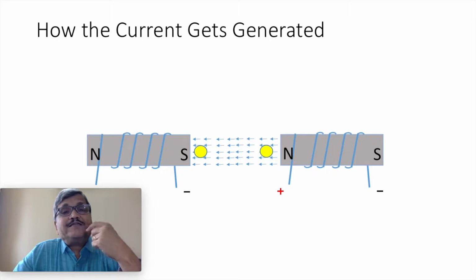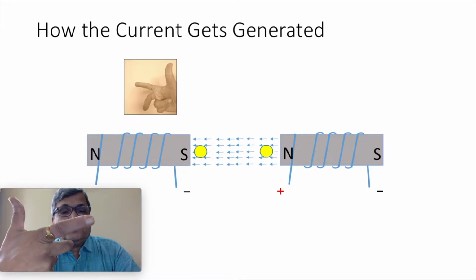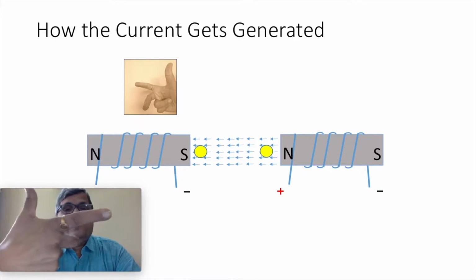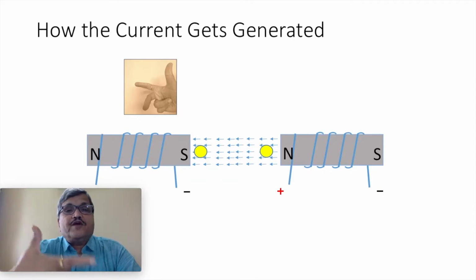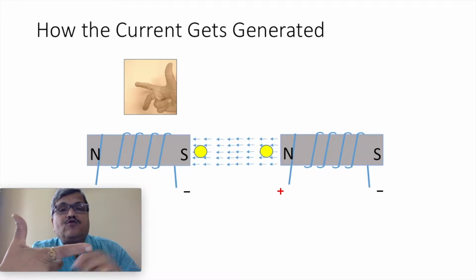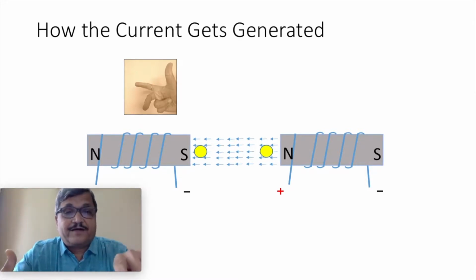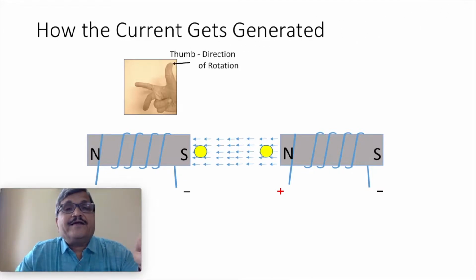Then there is Fleming's right hand rule, which shows that if you put the fingers like this, 90 degrees to each other, which I am showing in camera and also in the picture, then we have two choices: the direction of movement of the conductor, indicated by the thumb, and the direction of magnetic flux, because these are the two things which we can decide.